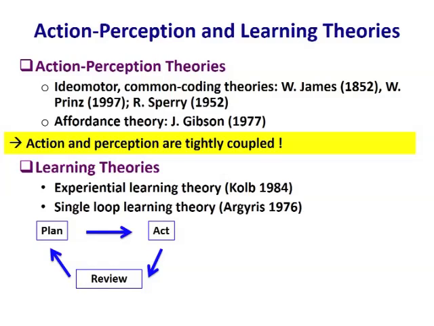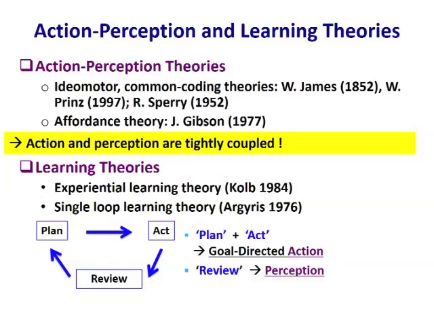This diagram shows the simplified learning model. The cyclic learning process suggests that plan plus act refer to goal-directed action, and review refers to perception. Based on this observation from the learning theories, we understood that goal-directed action and perception are not only closely related, but also core elements of learning.